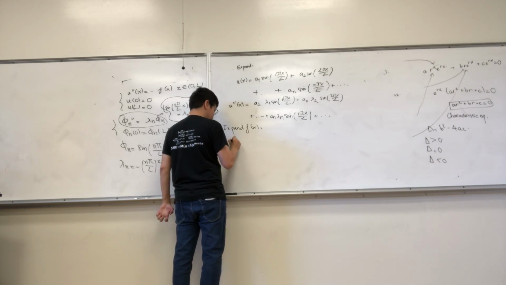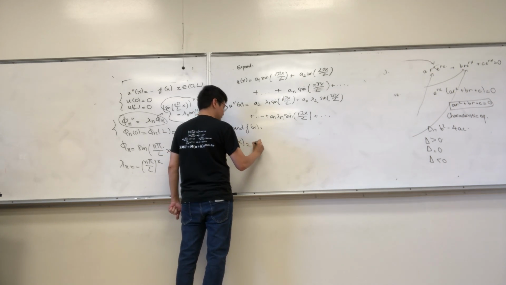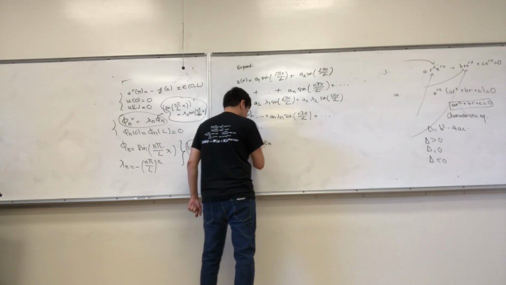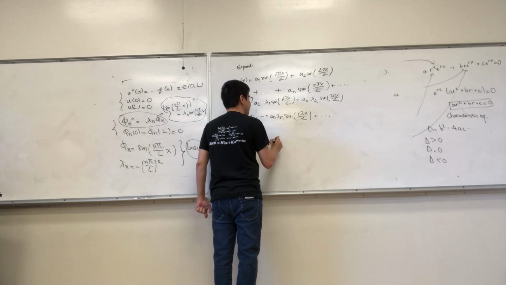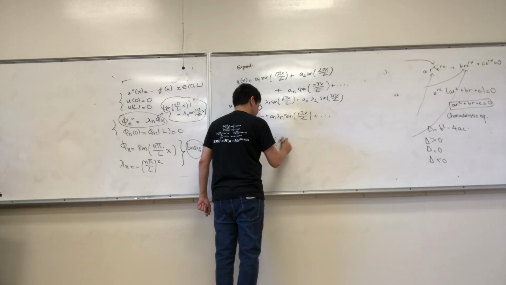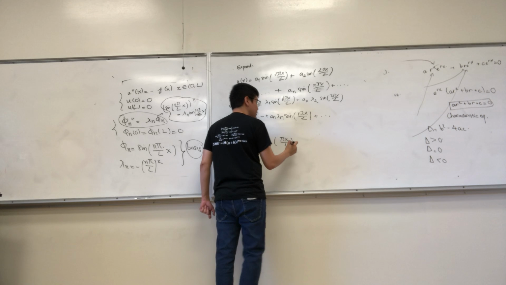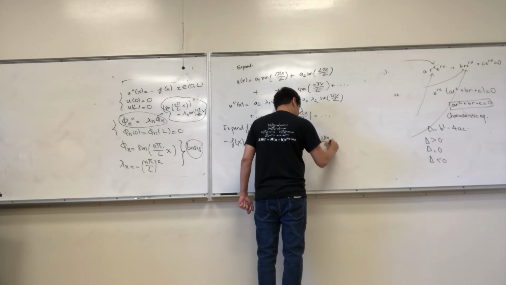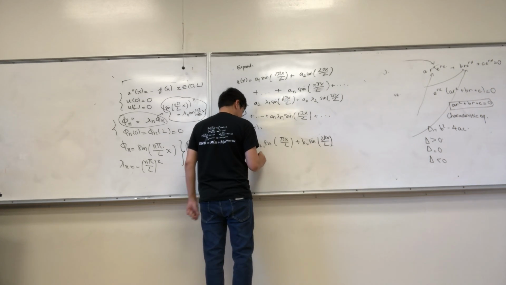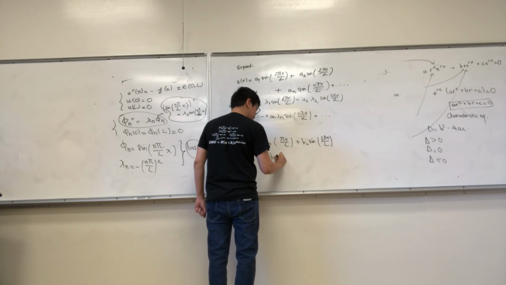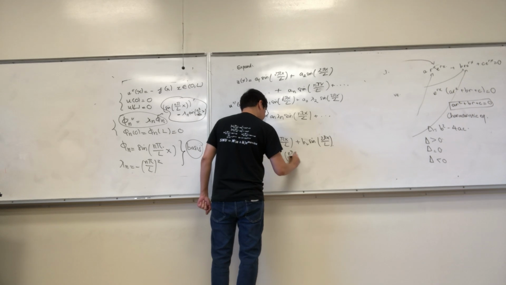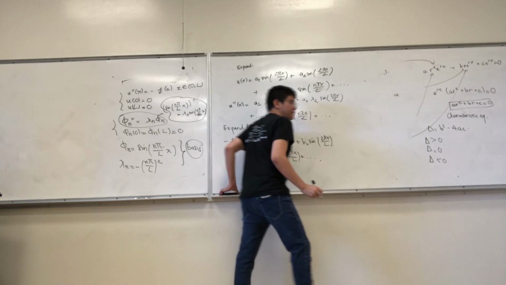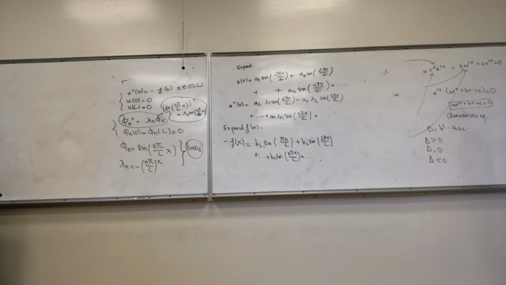So minus f(x) is b1 sin(πx/L) plus b2 sin(2πx/L) plus bn sin(nπx/L), et cetera. You're going to expand minus f on this basis.